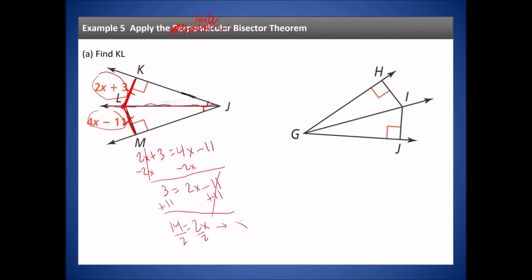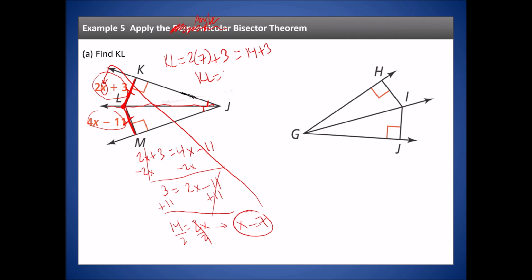So that means x has to be 7. So we got x is 7, and we're looking for KL, right? We know KL is 2x plus 3, so we're going to plug this in here. So we get KL equals 2 times 7, since x is 7, plus 3. 2 times 7 is 14, so we got 14 plus 3, which means KL is 17. Which means that LM also has to be 17.